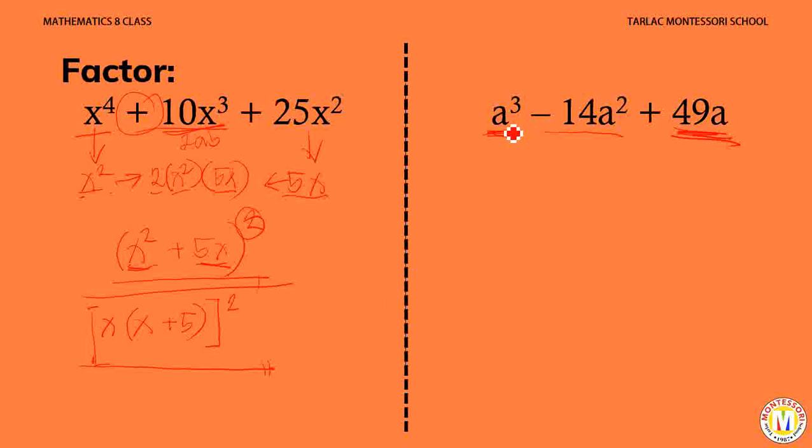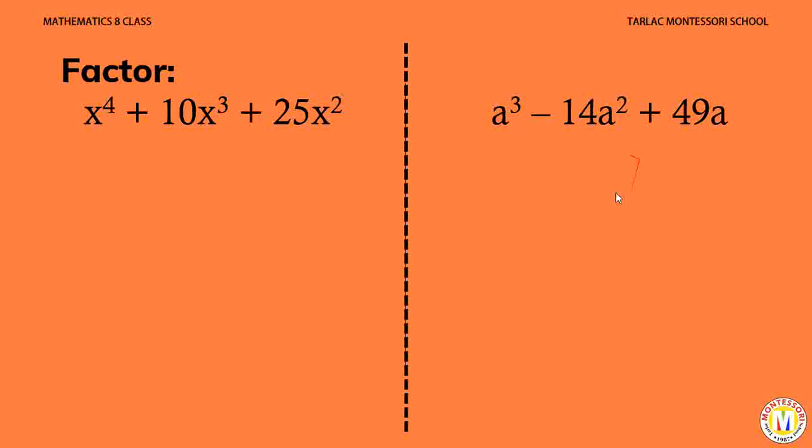But if you can observe, we have here a common factor for these three terms: a raised to 3, a squared, and a. So they have a common variable, a. If we try to move out a, we'll be left with a squared minus 14a plus 49 for the other factor. So you will be considering this one.